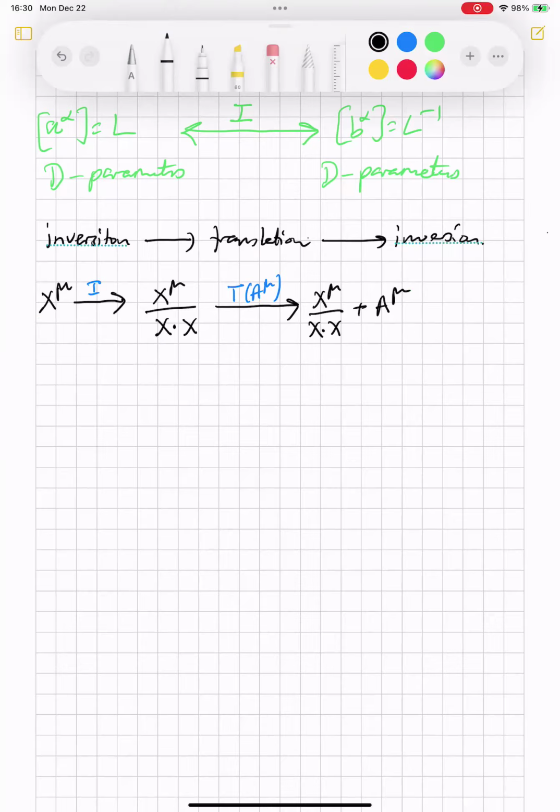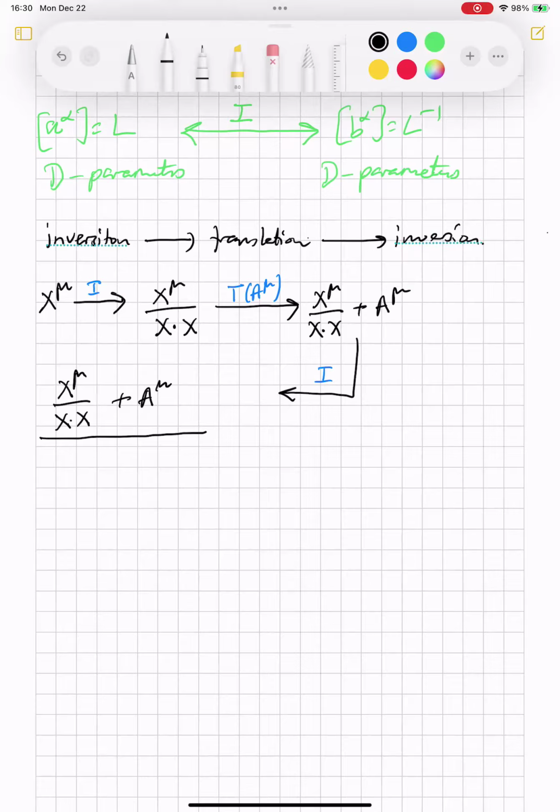Not difficult at all. And now let's maybe bring it down here. Now we will do another inversion. And we know how inversion acts. So we should take the coordinate, that's x mu over x dot x plus A mu, and then we should divide by the coordinate squared.